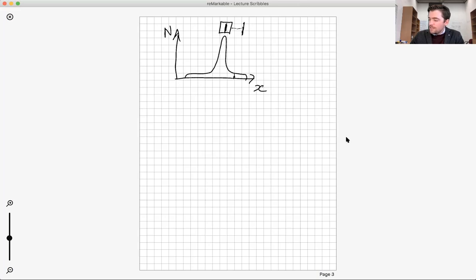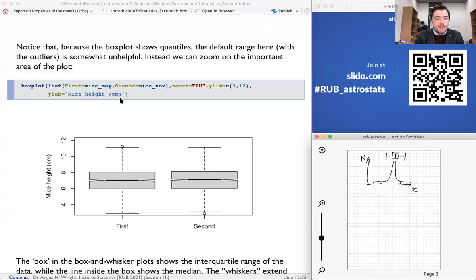And that would give me this data point and that data point. And so that's the whisker. That's how the whisker is defined. And you can basically choose that somewhat ad hoc.